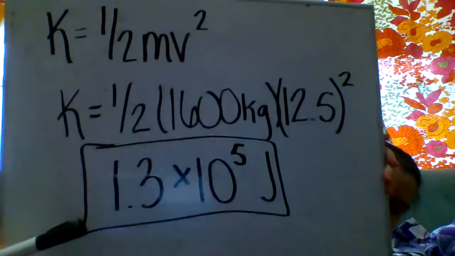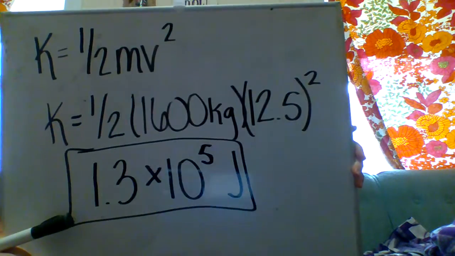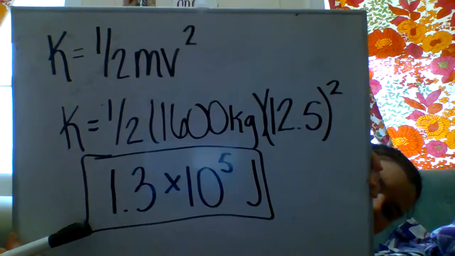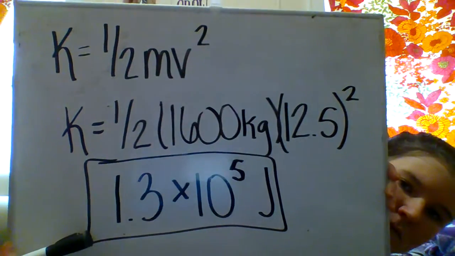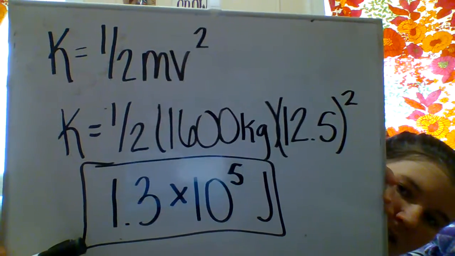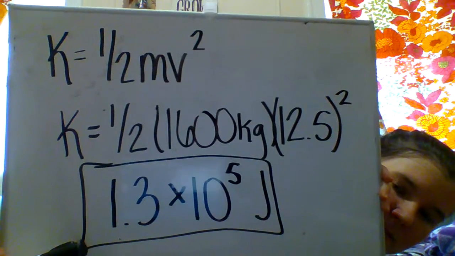And we end up getting 1.3 times 10 to the fifth joules. Okay, so you just use your simple kinetic energy equation.